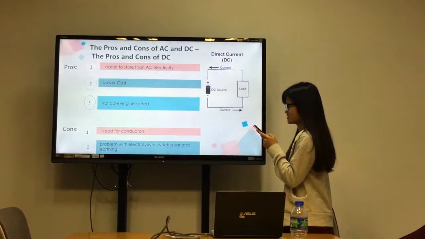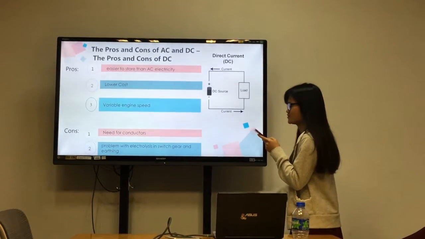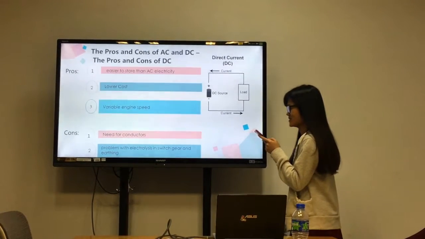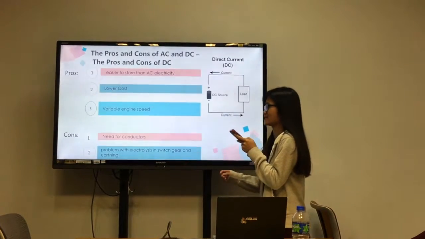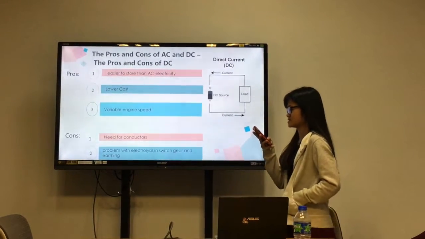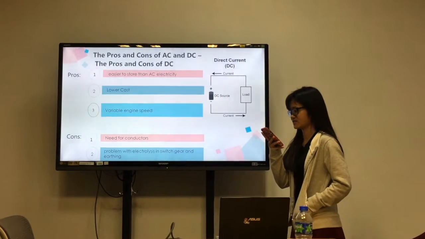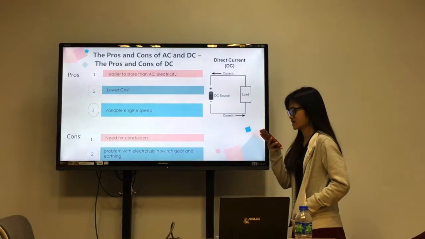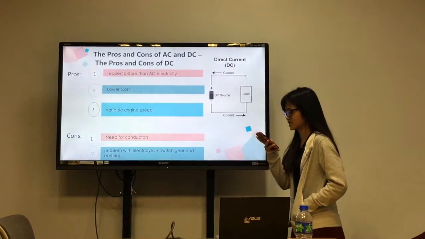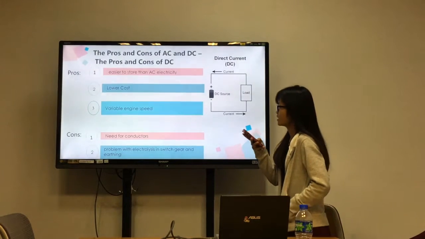So to get the advantages of storing electricity in a storage battery bank, we must generate DC electricity, and it is lower cost since a higher efficiency means a lower transmission cost, helping renewable energy compete against other power sources.